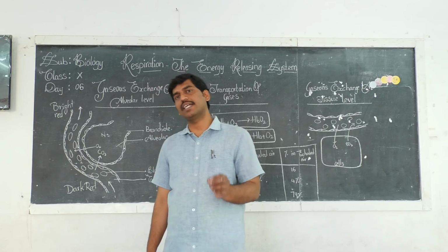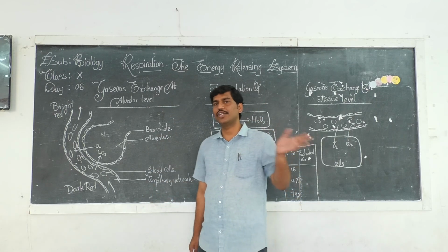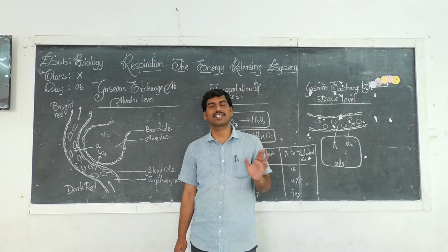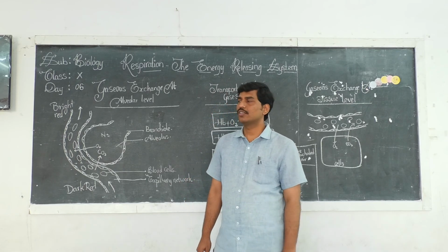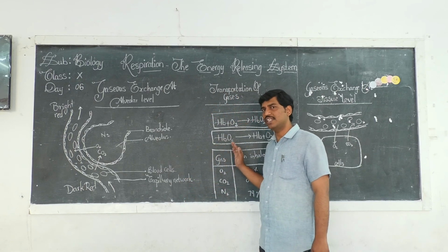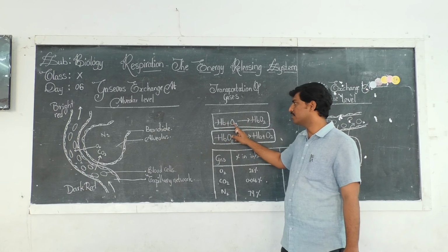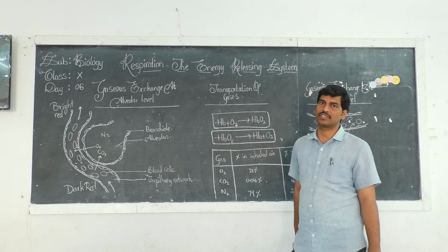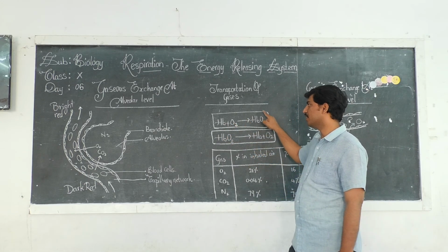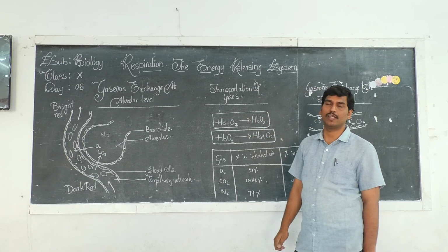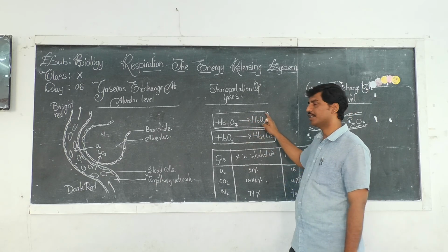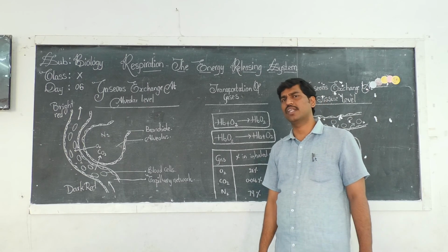This hemoglobin contains iron, just like we have studied that chlorophyll contains magnesium. Because of this iron, hemoglobin combines with oxygen and is converted into oxyhemoglobin.